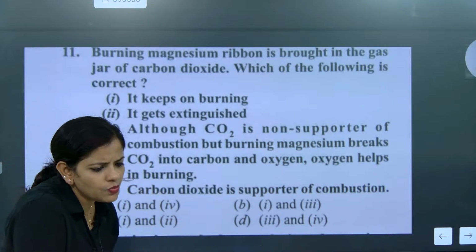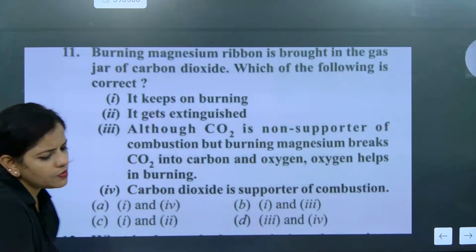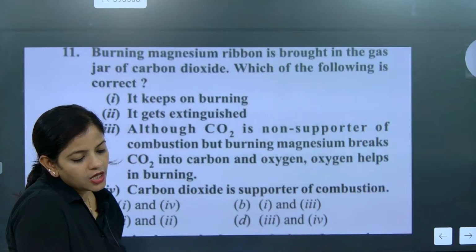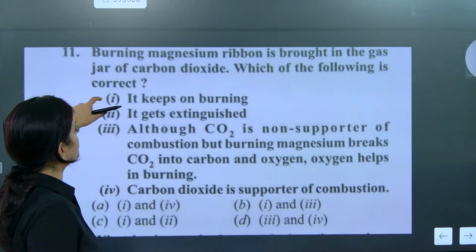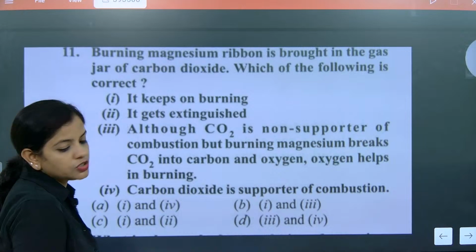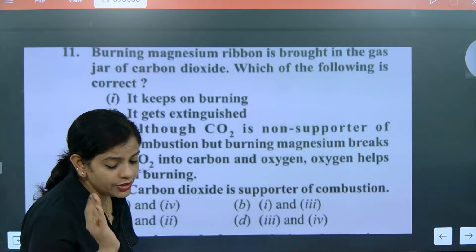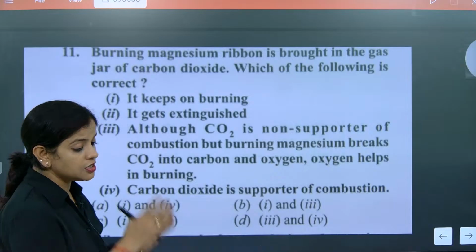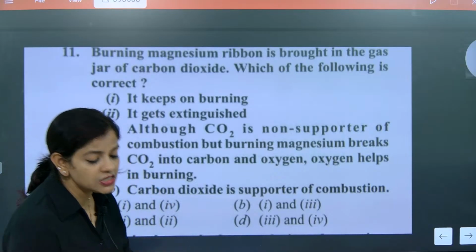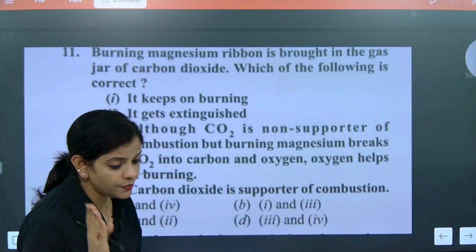That's the reason why it will keep on burning. So if first is the correct option, third is the one which is going to support the first one. That's a very important point to remember. The third one is the massive answer for the entire process.